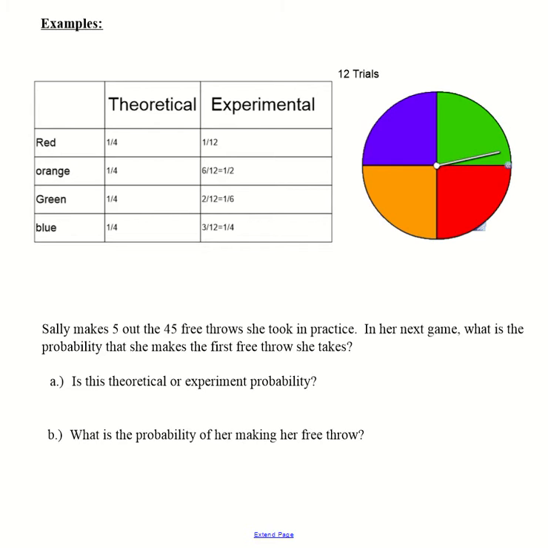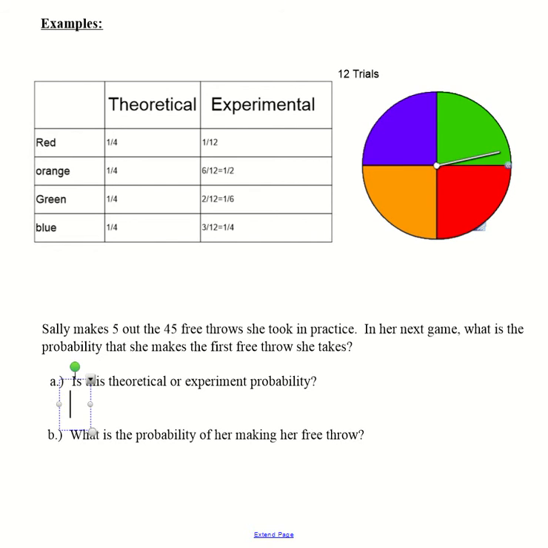So here, let's do another situation. It says Sally makes 5 out of the 45 free throws she took in practice. In her next game, what is the probability that she'll make the first free throw she takes? We have to think about, is this going to be a theoretical or experimental probability? Well, this is based on what she did before.